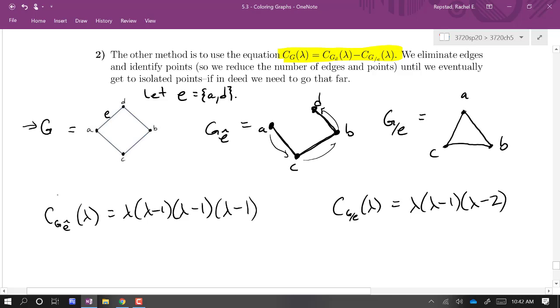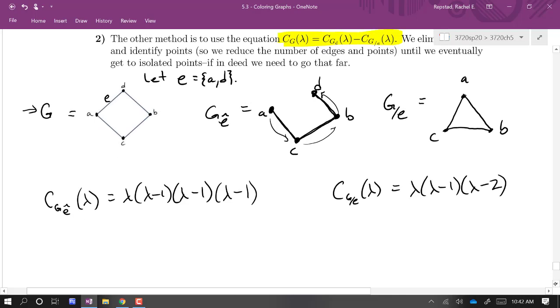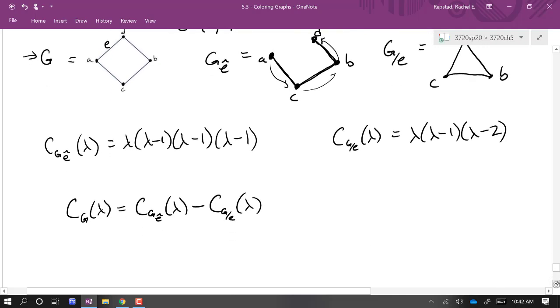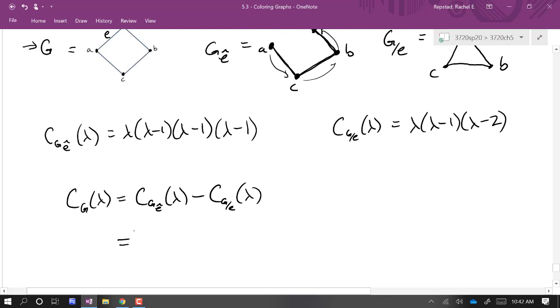That's the graph they gave us. So I'm going to take the polynomial for G sub E hat and subtract the polynomial for G mod E. So this is lambda times lambda minus 1 cubed minus lambda, lambda minus 1, lambda minus 2.